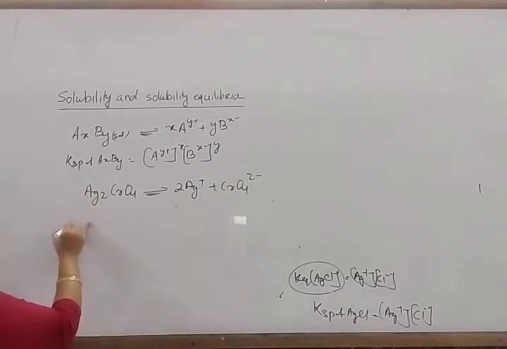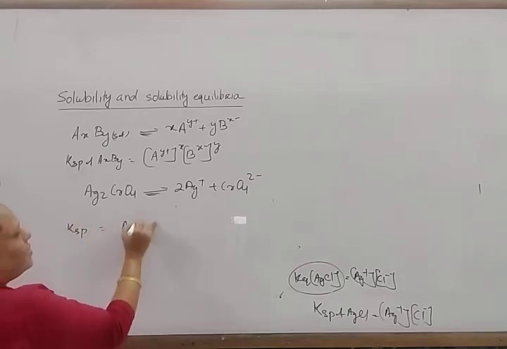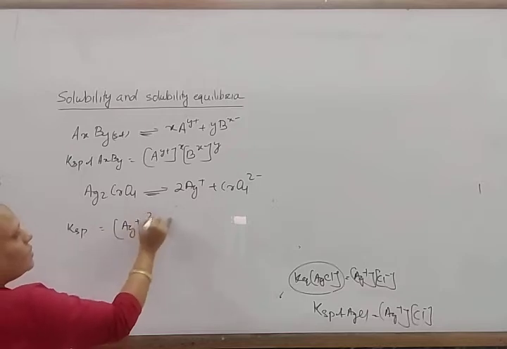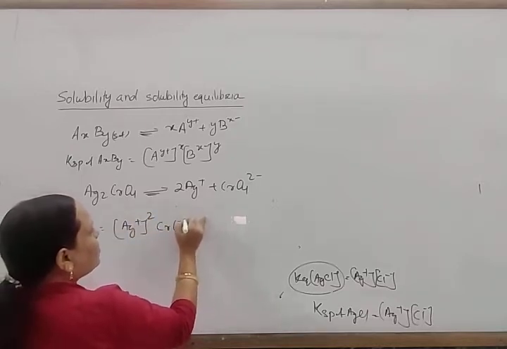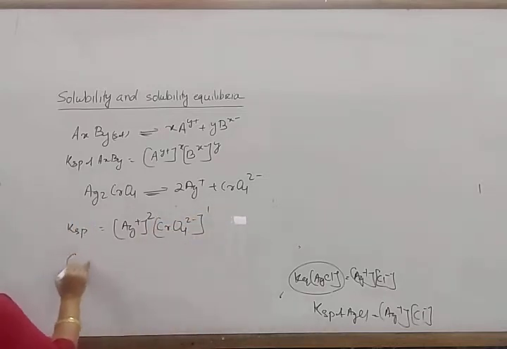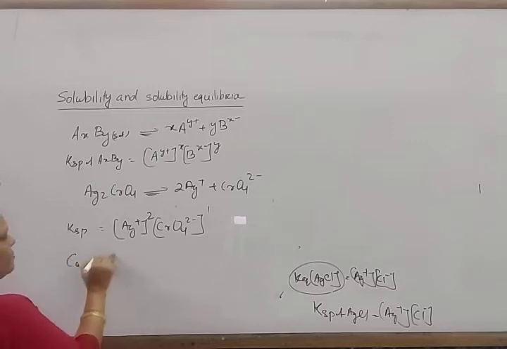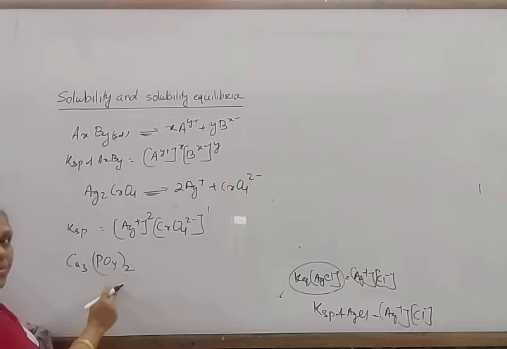Then what is the KSP value? The KSP value in this case is Ag plus concentration to the power 2 and CrO4 2 minus concentration to the power 1.